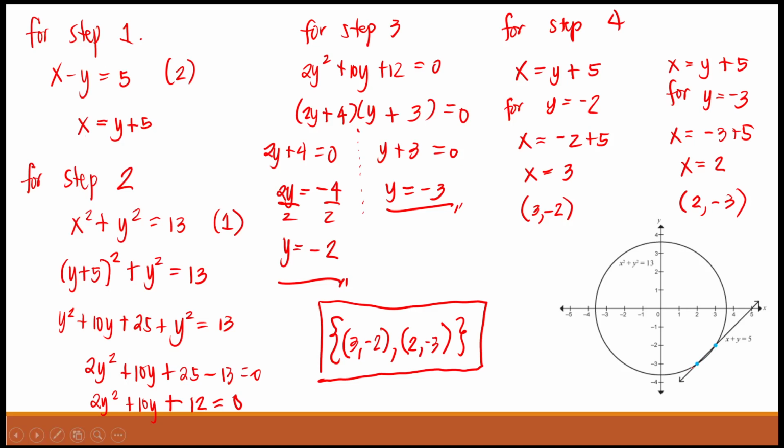Ganon din dun sa pag-solve natin, if maalala nyo, sa system of linear equations, di ba? Kinukuha na natin yung solution, yung nakukuha natin is yung intersection ng line. The point of intersection between the lines. Ganon din po dito sa system of nonlinear equations, yung makukuha nating sagot is actually the intersection of the graphs.